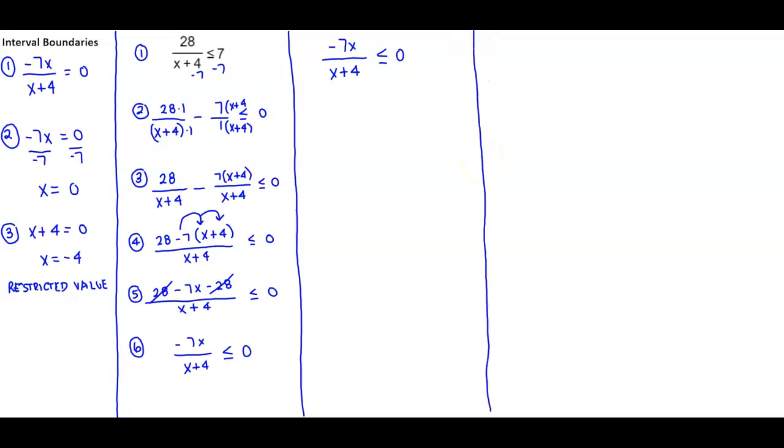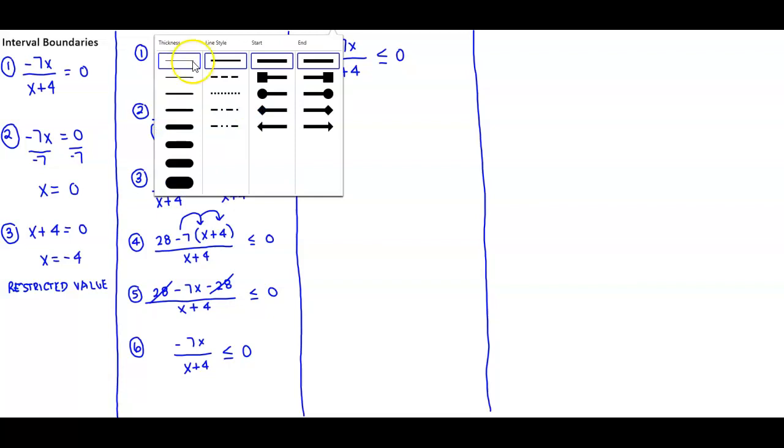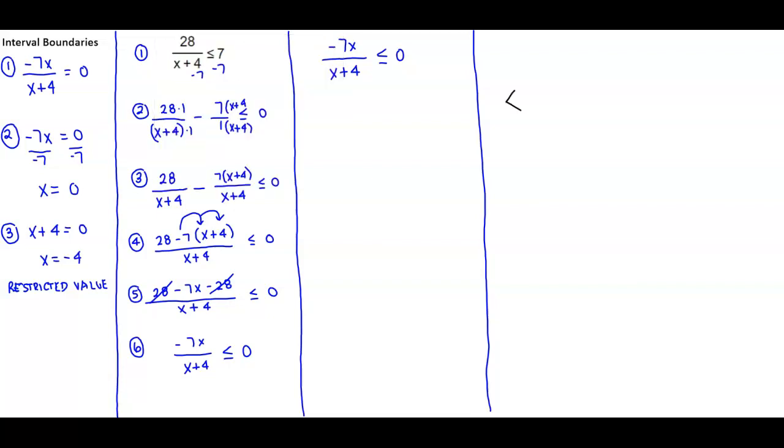Now let's draw our number line so that we can include our intervals. Here's our number line. We have 0 in the middle, going from negative infinity to positive infinity. We know that one of our interval boundaries is 0, and the other one is negative 4.